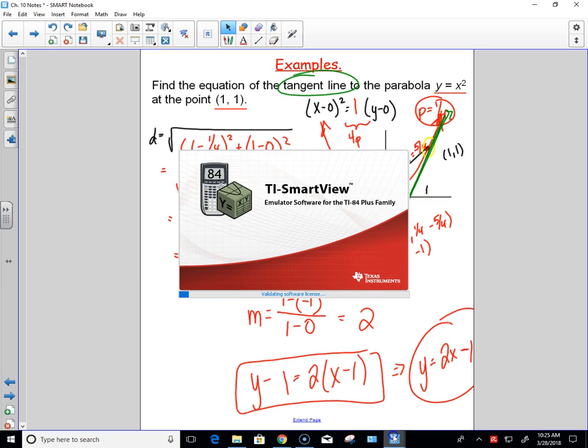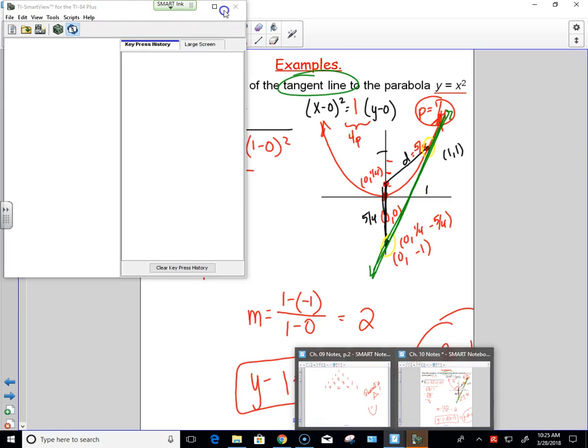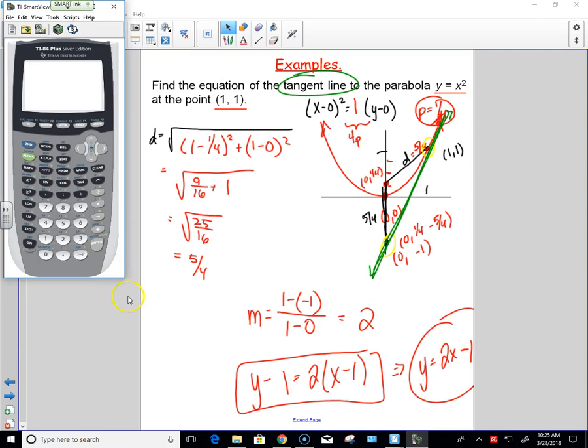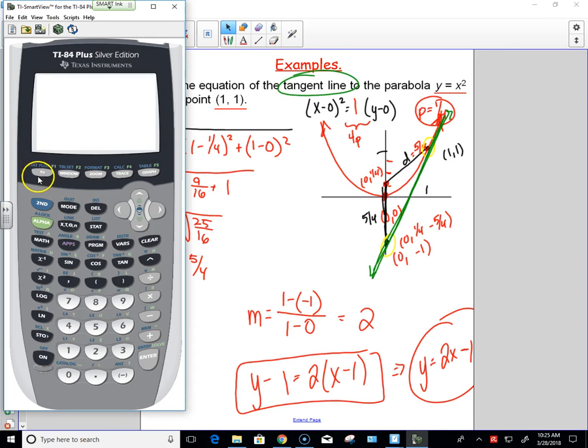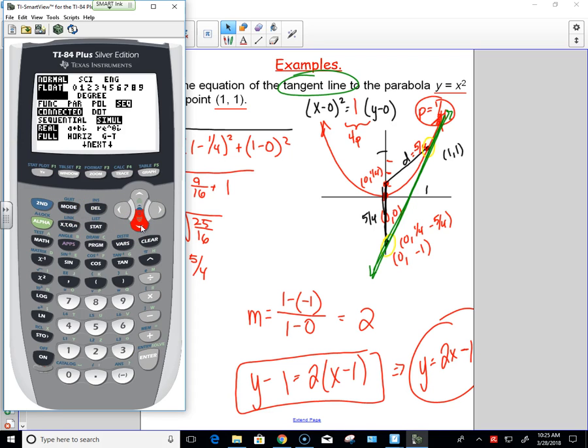I want you guys to go to the math menu. Sorry, not math. You're in your grapher, right? I want you to go to your second trace, your calc menu. Oops, I'm in sequence mode. Hold on. Function mode, please. Thank you. There we go.